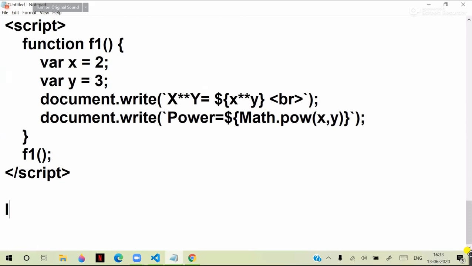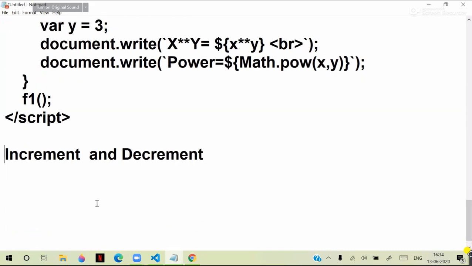So plus plus is increment and minus minus is decrement.